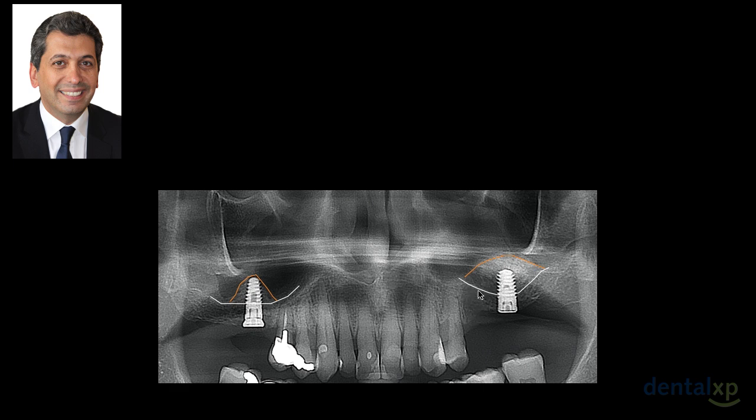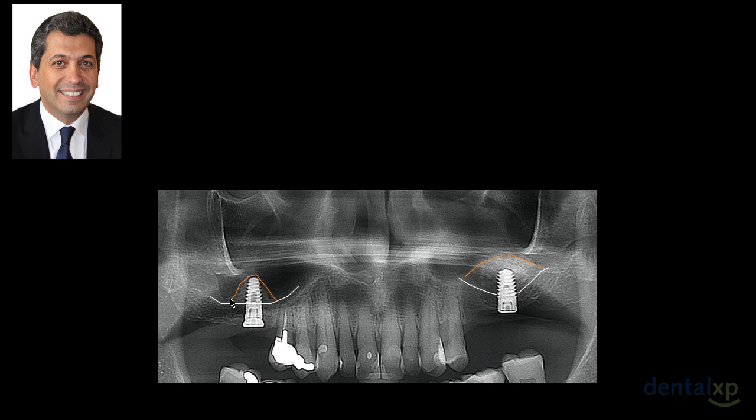In this case, we extracted this tooth and we will place an implant later on, not the same. So you see that we have this type of sinus lift compared to this type of sinus lift, where we placed one implant with an internal approach, and you see that in this case, bone grafting was really localized to this small area around our implant.